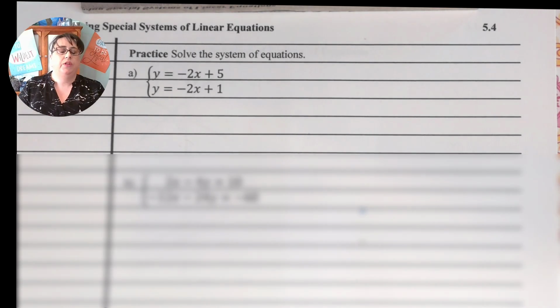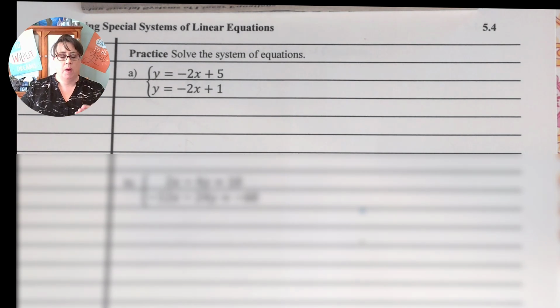So now we're just going to look at practice problems. We're just going to try to figure out, are these lines going to have no solution or infinite solutions? So when I look at this first one, I see y equals and y equals. And what instantly comes to mind is this idea of I have a card, and on one side it says y, and on the other side it says negative 2x plus 5.